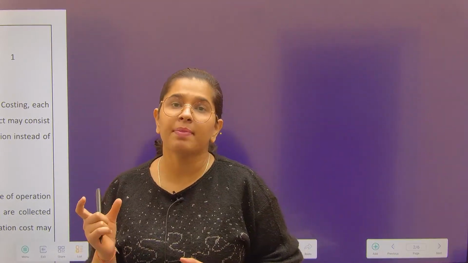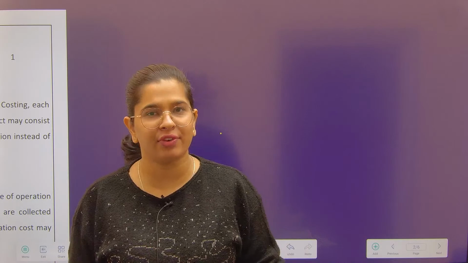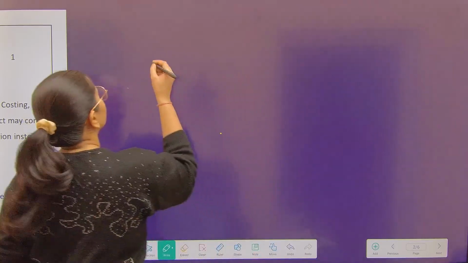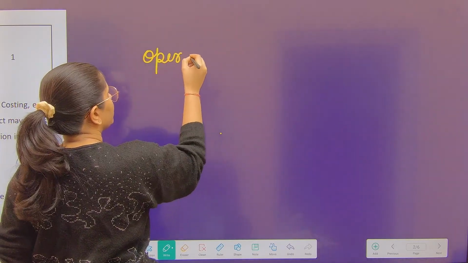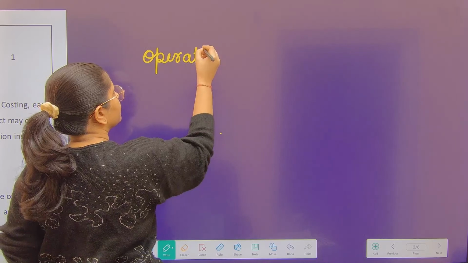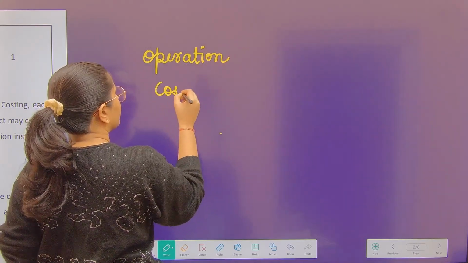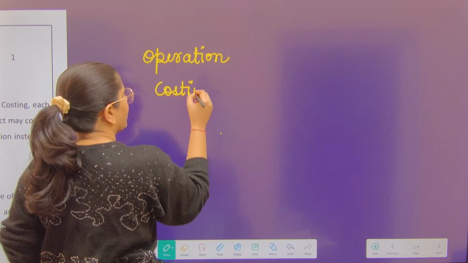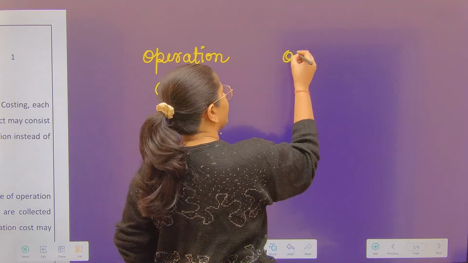There is a very marginal difference in the names, but in essence, both of these types of costings are totally different from each other, right? On one side you have operation costing and on the other side you have operating costing.